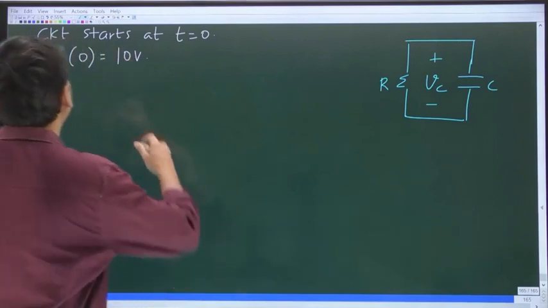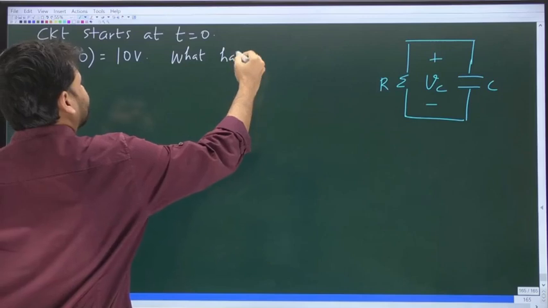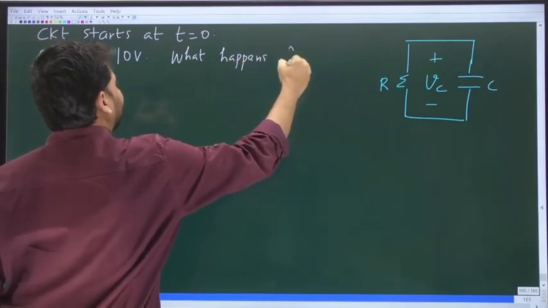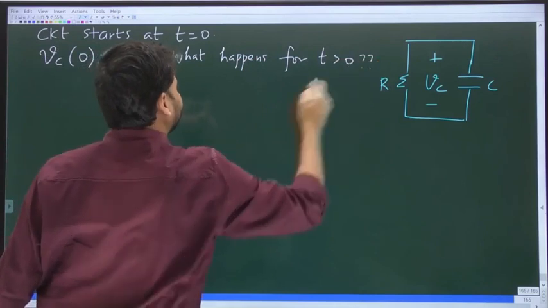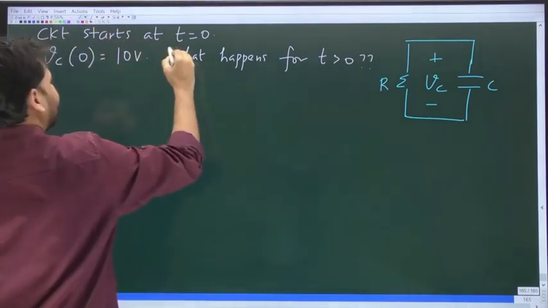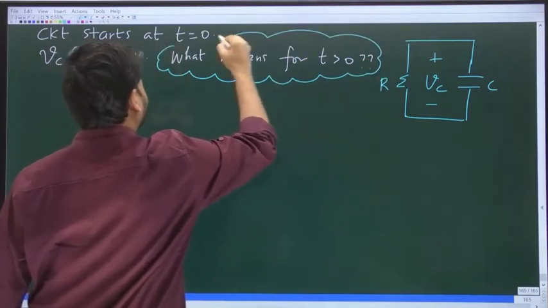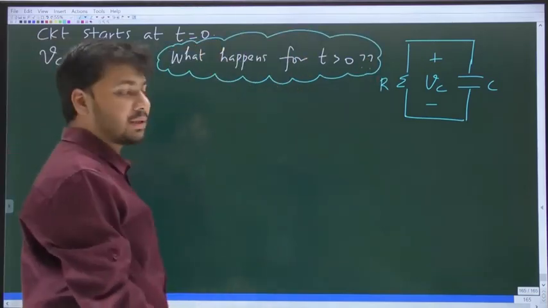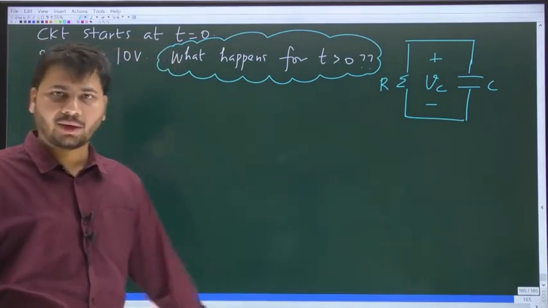Let us understand what happens in the circuit for t greater than 0.